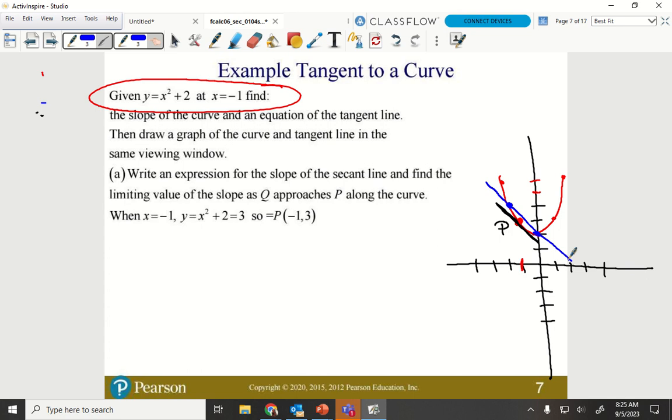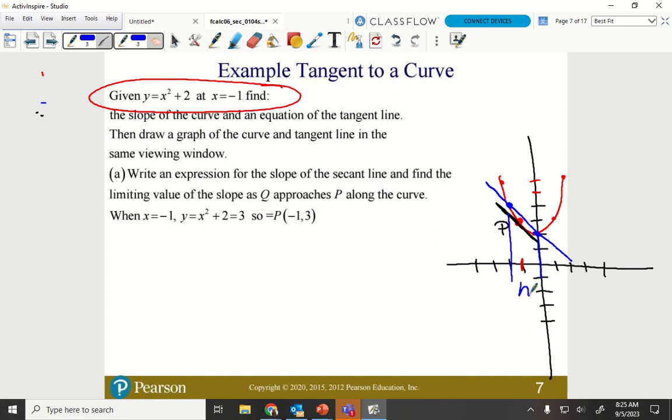But from this point to this point right here is going to get closer and closer. I'm going to call this h, and I want this to go close to 0. I want this value to approach 0 because I want it to be exactly at that point.